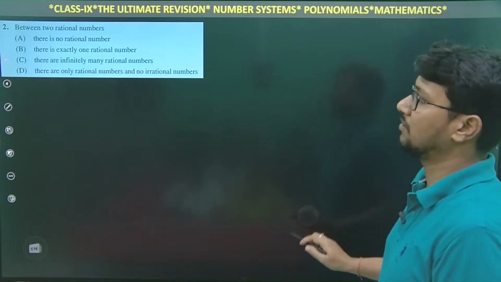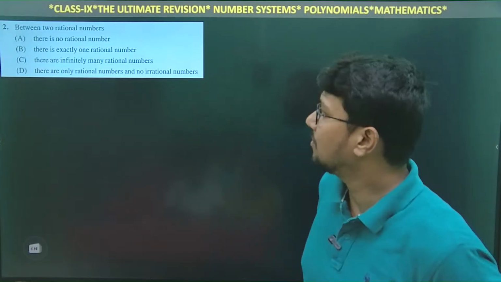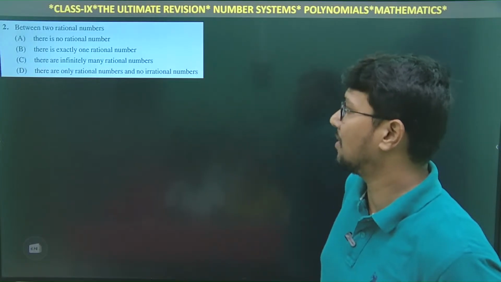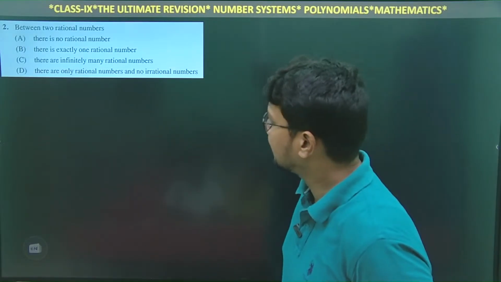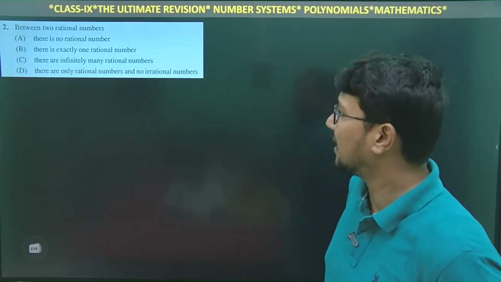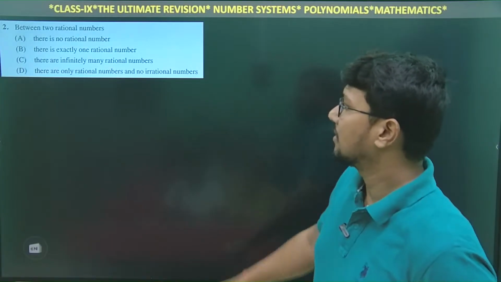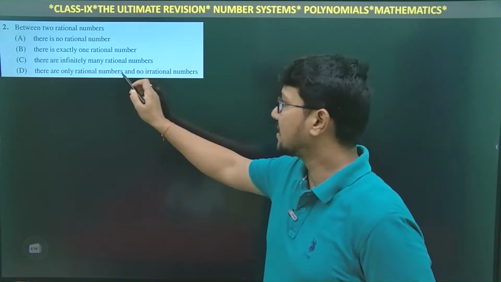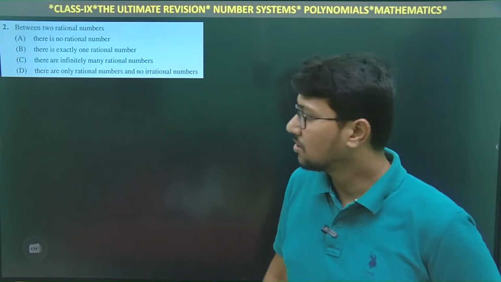Let us move to the next question. Who can answer? Between two rational numbers, there is no rational number, there is exactly one rational number, there are infinitely many rational numbers, or there are only rational numbers and no irrational numbers. Which one?